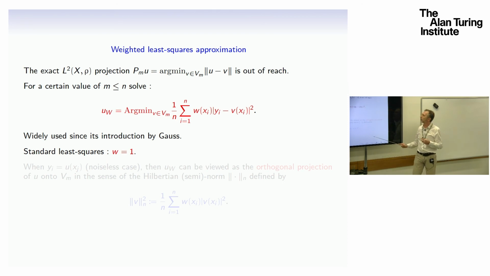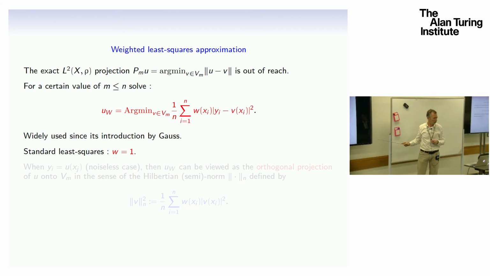What does the least squares method do? It takes a certain value of m less than the number of evaluations, and it solves this minimization problem where these w are some weights and these yi are the noisy or non-noisy observations.